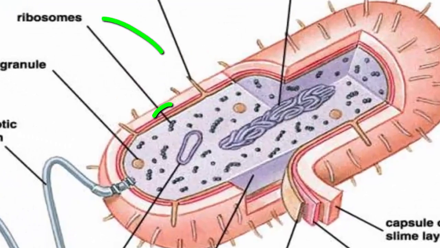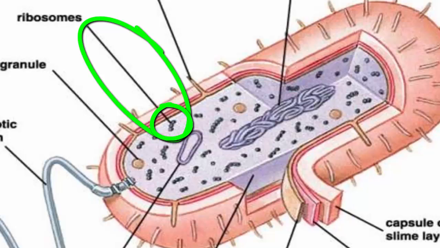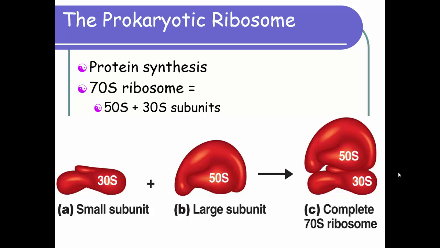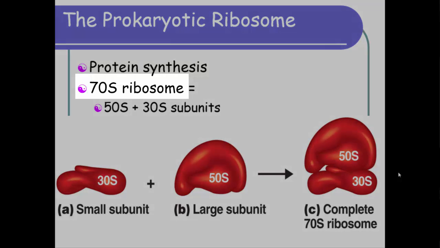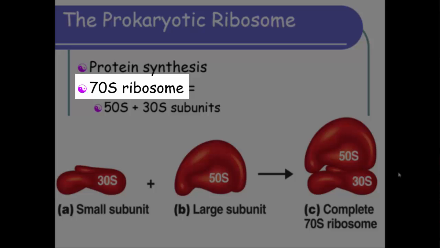The bacterial ribosomes are found scattered throughout the cytoplasm. These will be used in protein synthesis just as they are in our eukaryotic cells. However, the type of ribosome found in prokaryotes is different from the eukaryotic ribosome. It is known as a 70S ribosome.